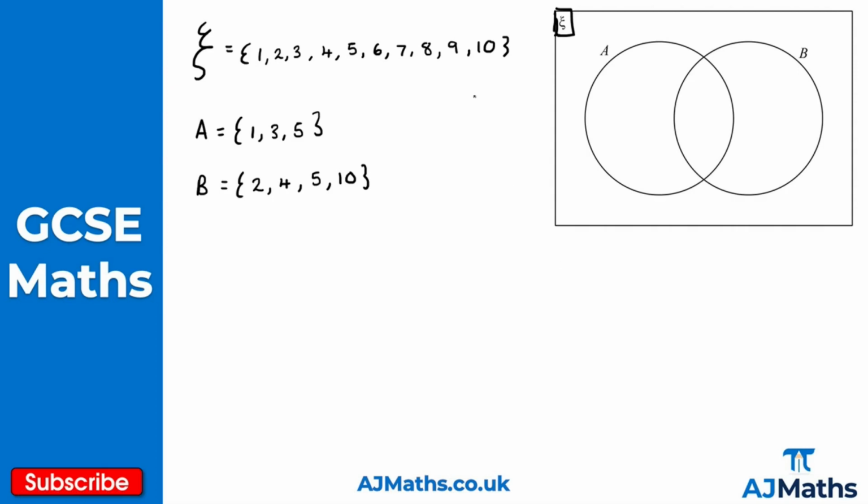The first thing we do is ignore the universal set for now. Just focus on these two sets, A and B. What I'm going to check for is if there's anything in common between A and B. What number or numbers are in both the set A and the set B? In that case, it would just be 5. So 5 is common to both set A and set B, so we put that in the middle.